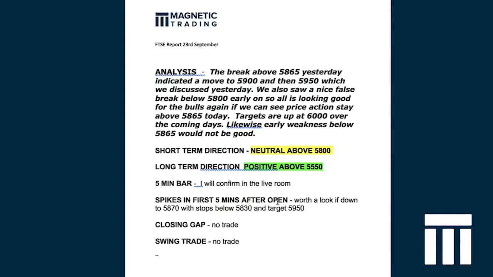So what we were looking at is we were looking for a spike down into 58.70. So that was a key level in the market. And we were then actually looking for a move up to 59.50 from that level. Okay, so let's go over and see how that fared on the 23rd.